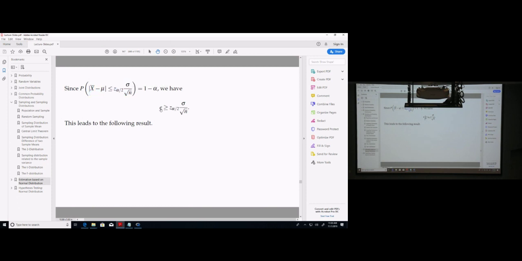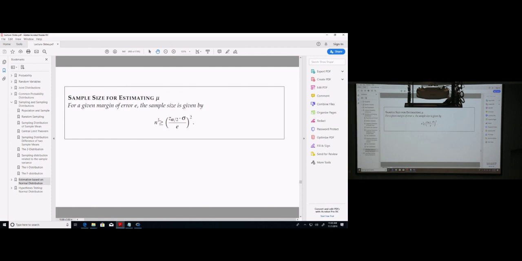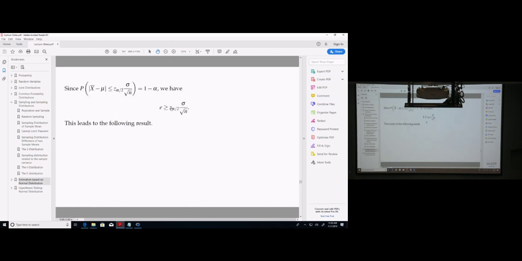So if I choose the margin of error E to be bigger than this, I can guarantee my probability would be at least 1 minus alpha, right? Because if you choose E to be bigger than this number, the probability will go up. So this leads to this. If you are okay with this argument, then now I ask the reverse question.